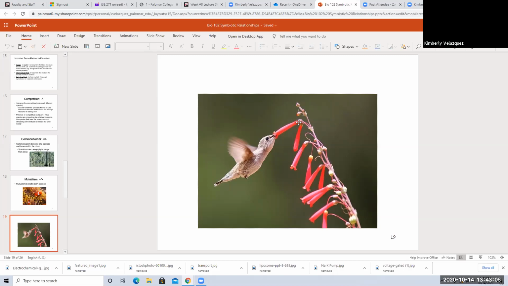And then it will visit another one of these flowers and, without knowing it, transfer pollen from this plant to the same species of plant in another location, thereby carrying out pollination for that plant. Cross-pollination is a very important thing for genetic diversity in this plant.